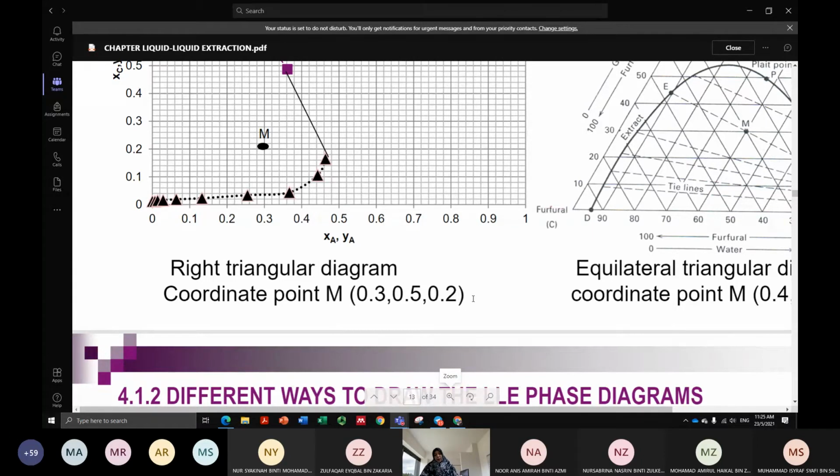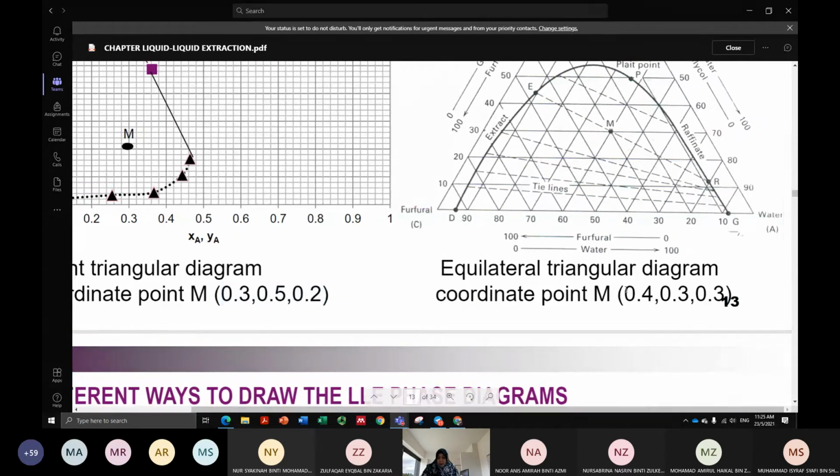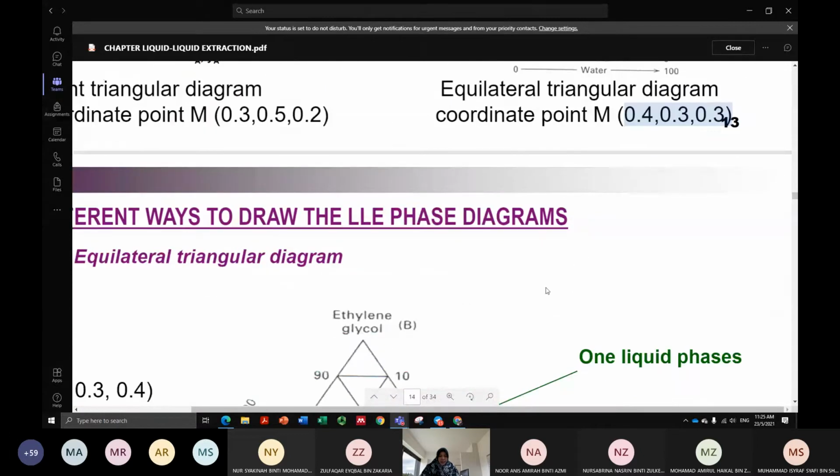The total value that you get here should be equal to 1. Same thing here. If you get more than 1, your answer is wrong. Any question?